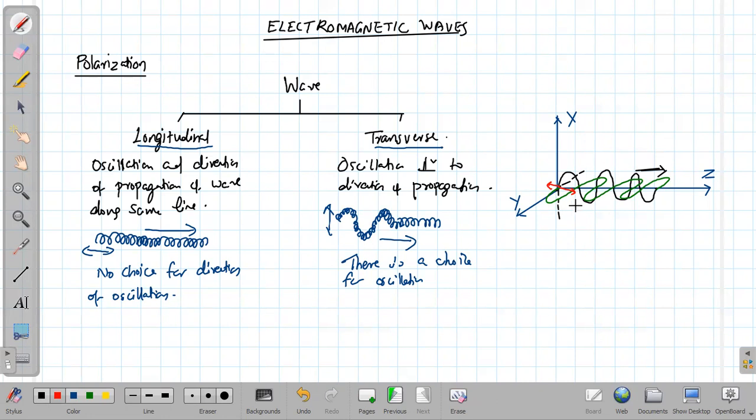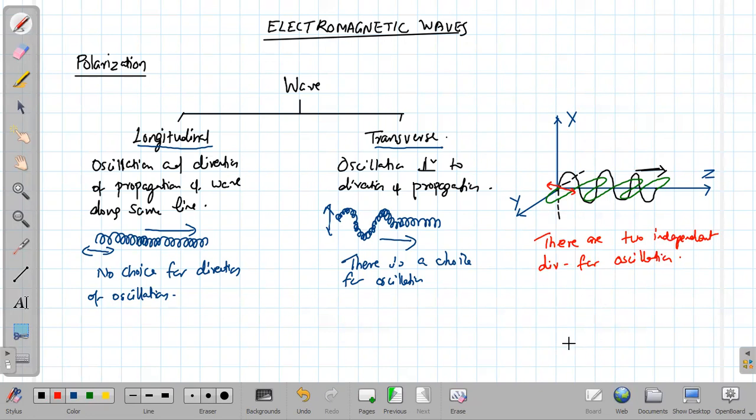So that means there is infinite choice available for the oscillation. However, there are two independent directions for oscillation. The x and y are two independent directions, because any other oscillation we can resolve into x and y oscillations. So there are two independent directions for oscillation.